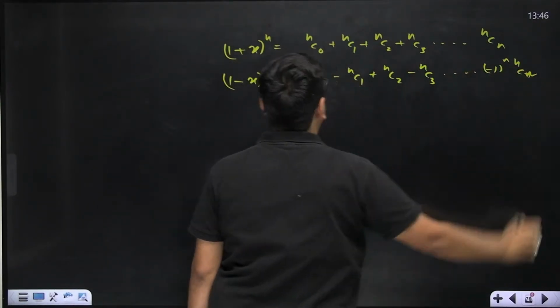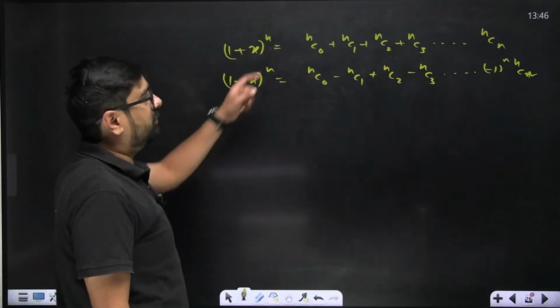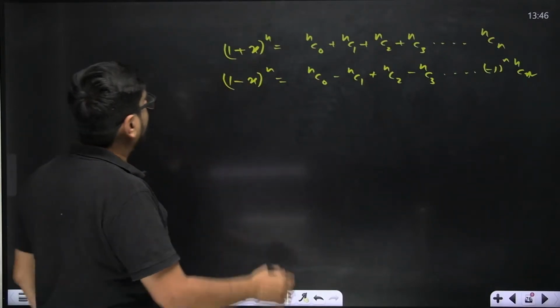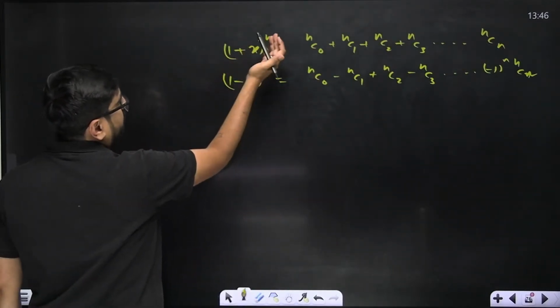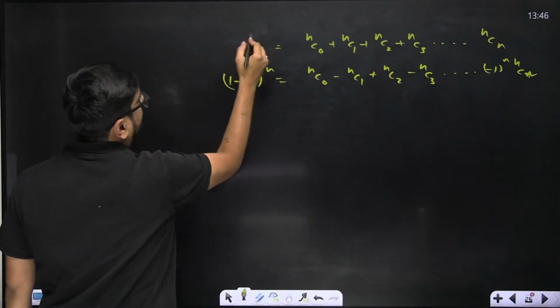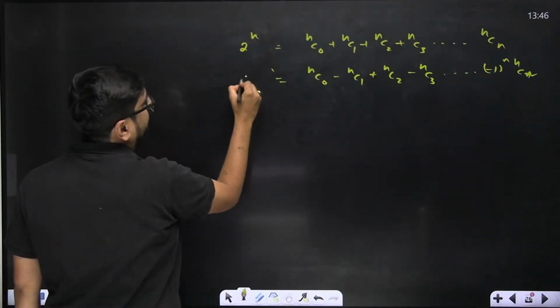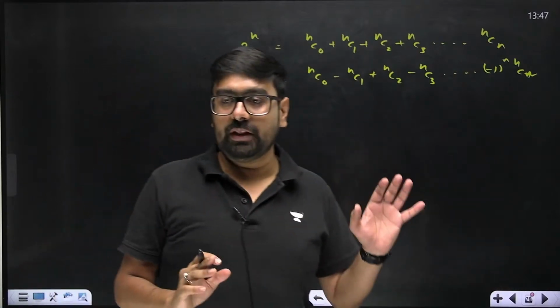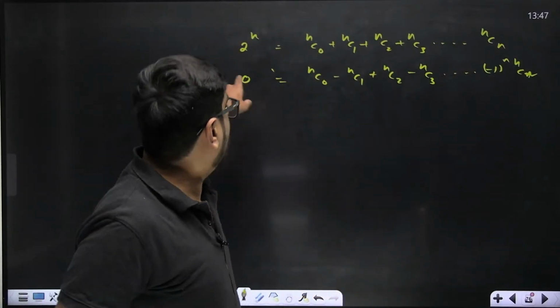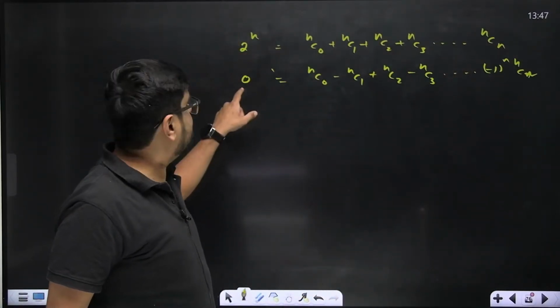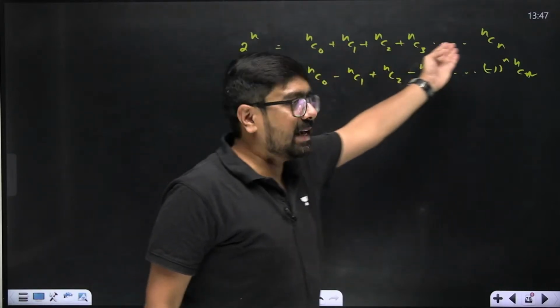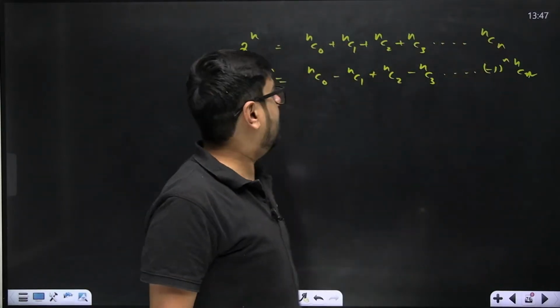This is the expansion. If we put x equal to 1 in both, this side will come 2 to the power n, this side will come 0. In all these, x is already equal to 1.